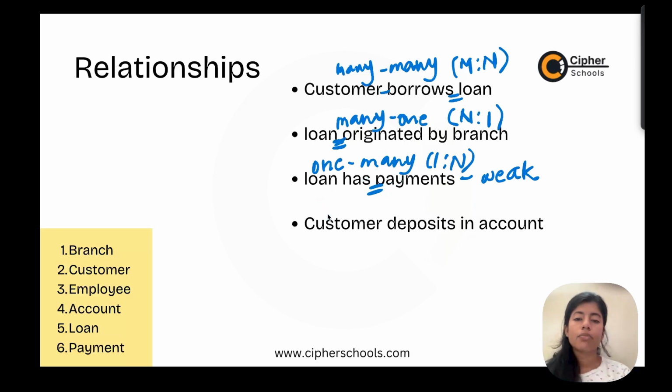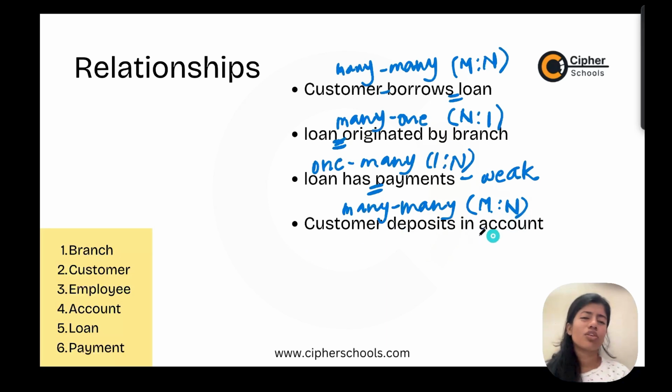Our next relationship is customer deposits in bank account. Now, it is a many to many, because many customers can deposit in one account, and many accounts can be related with one customer. So it is a many to many relationship, or we can say M is to N is the cardinality ratio.